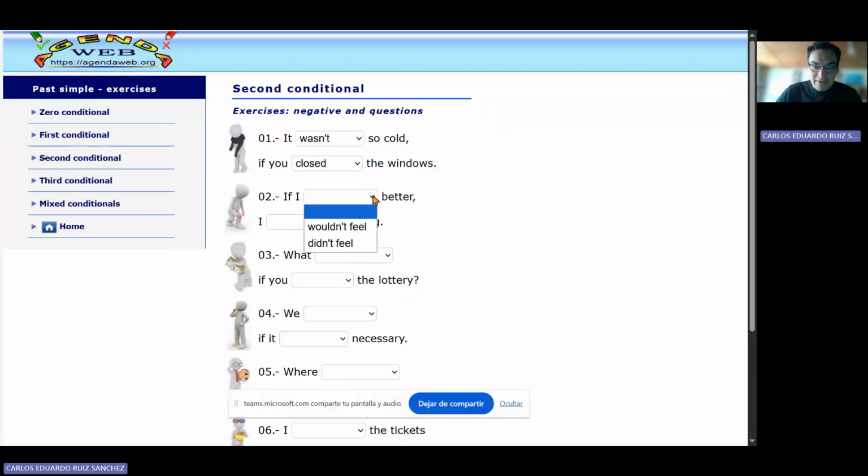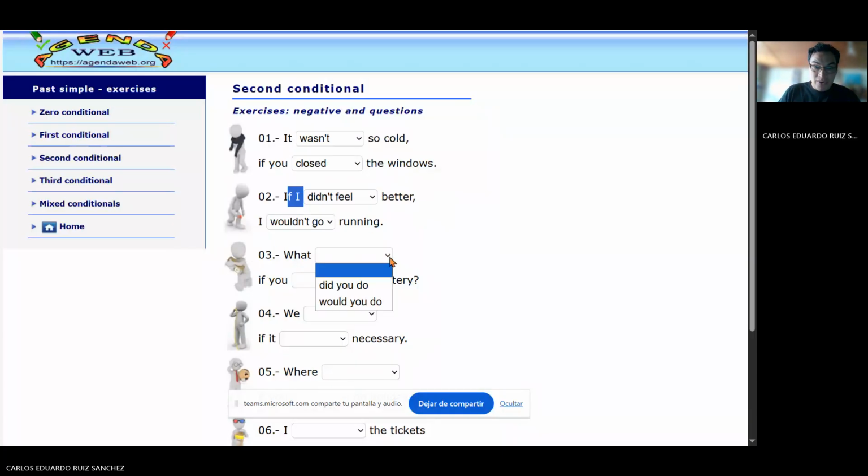If I close past simple, didn't is past simple, comma, would. Yes. What? This is a question.